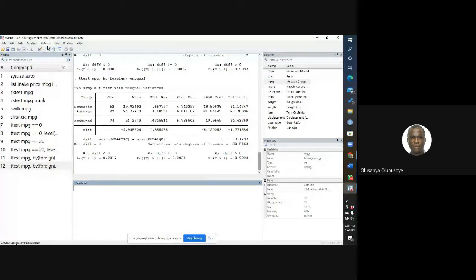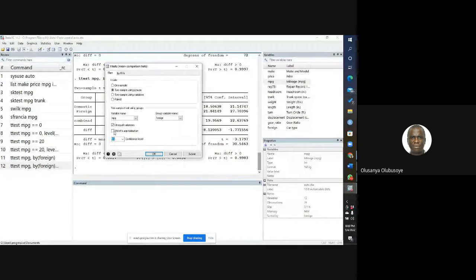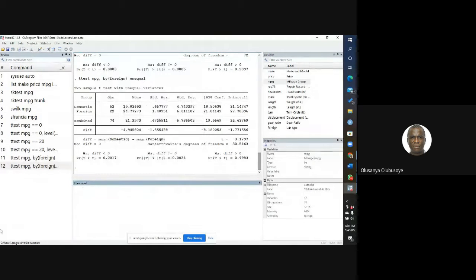So let's go back again. If we use another option, that's Welch approximation, that is an option you also use for unequal variances. You can try all of this to properly establish. You will see that even with the Welch approximation, this result has not changed.